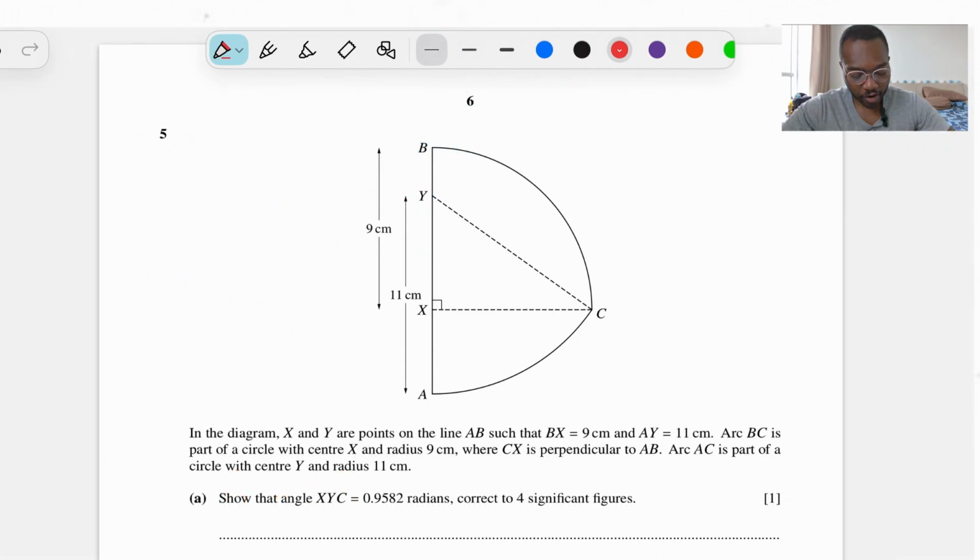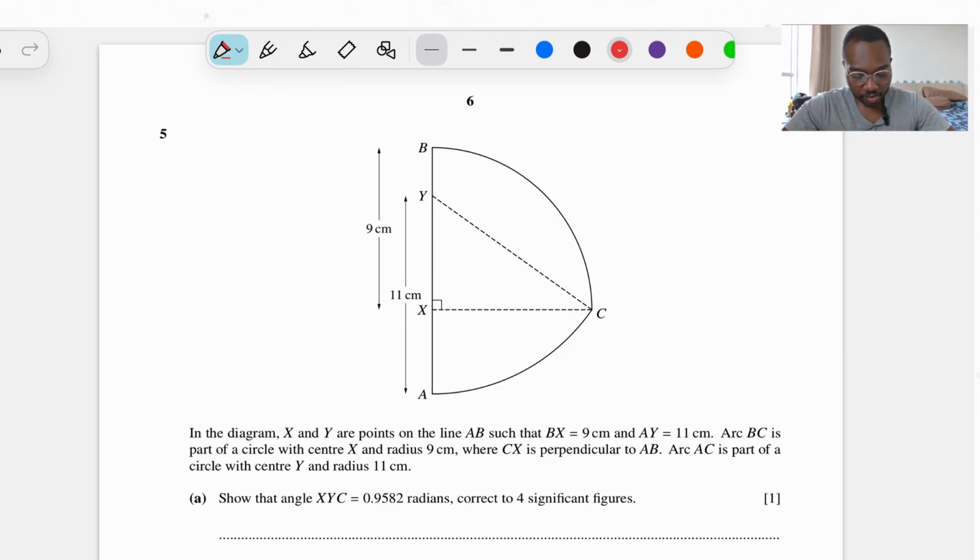So for question 5, we have that in the diagram, X and Y are points on the line AB such that BX is equal to 9 centimeters and AY is equal to 11 centimeters. Arc BC is part of a circle with center X and radius 9 centimeters, where CX is perpendicular to AB. Arc AC is part of a circle with center Y and radius 11 centimeters.